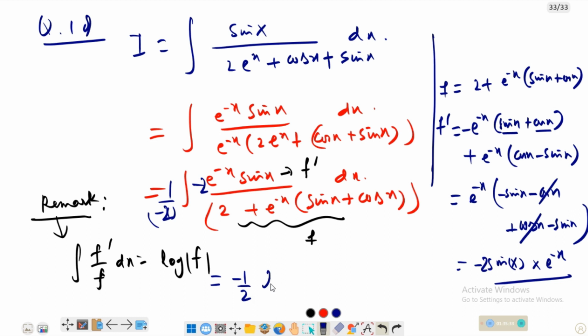So this is log f, 2 plus e to power minus x cos x plus sin x, okay, so plus c, this is our integral. We can also further simplify.